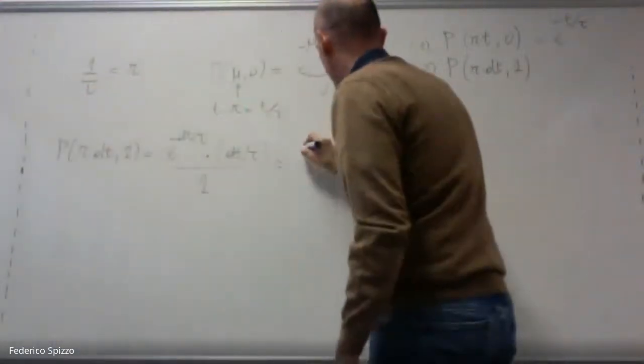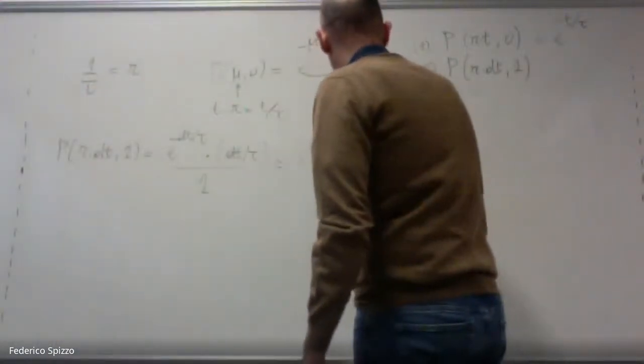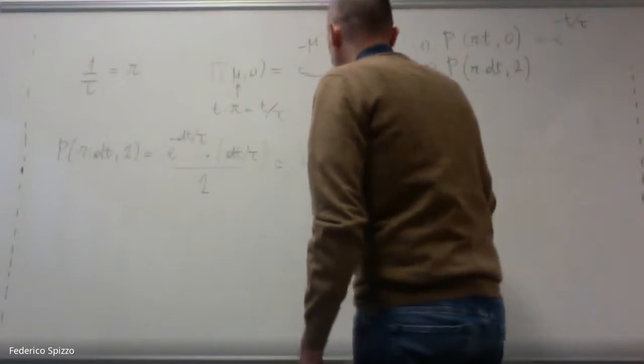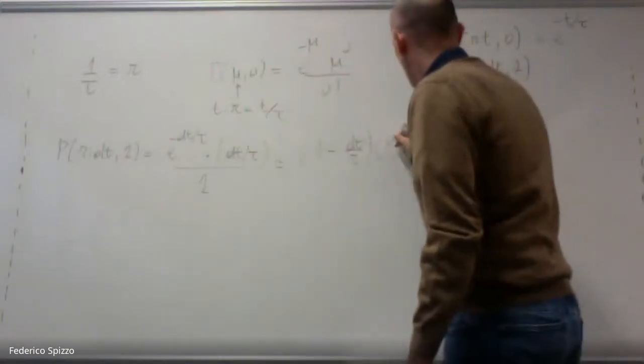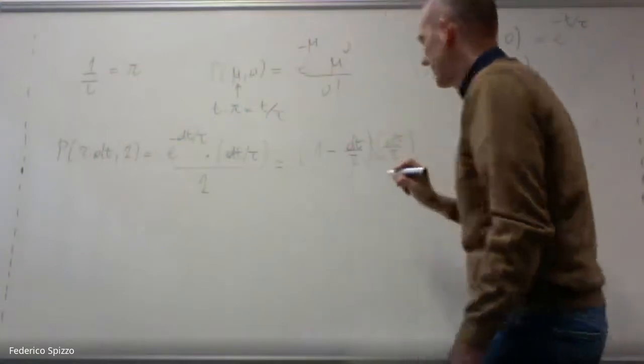So this is 1 minus dt divided by tau, times dt divided by tau.